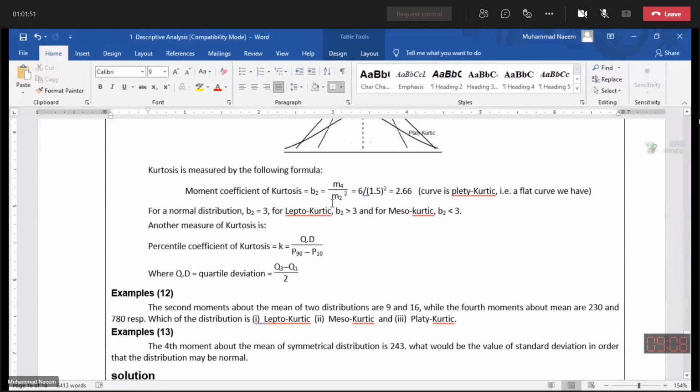So if fourth moment is 6 and second moment is 1.5, putting in this formula, we have a value 2, this will show that the curve is platykurtic.